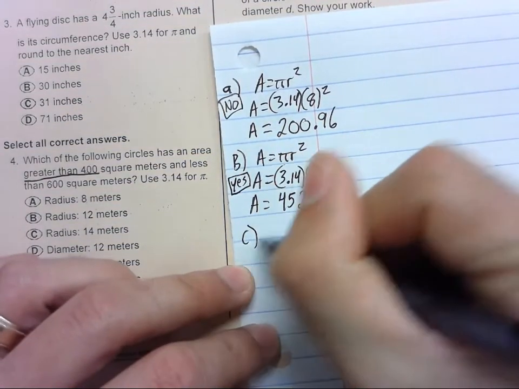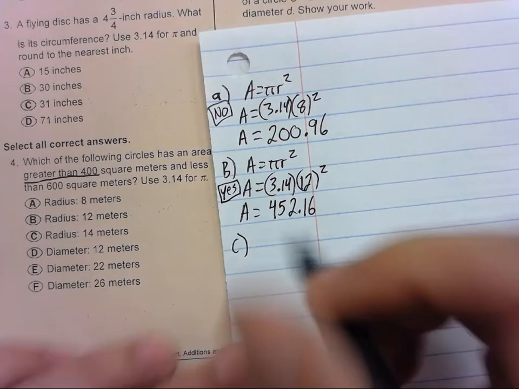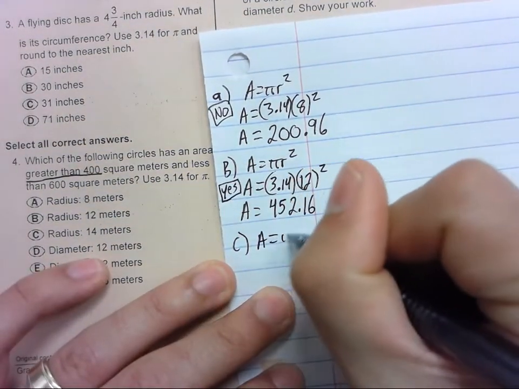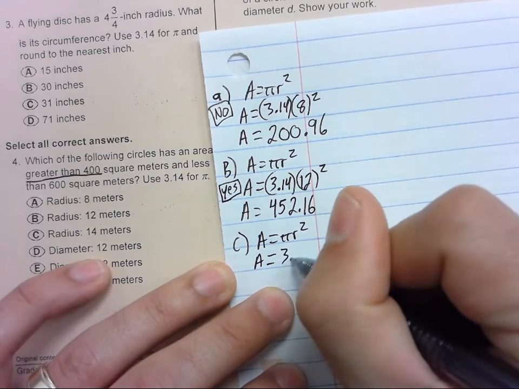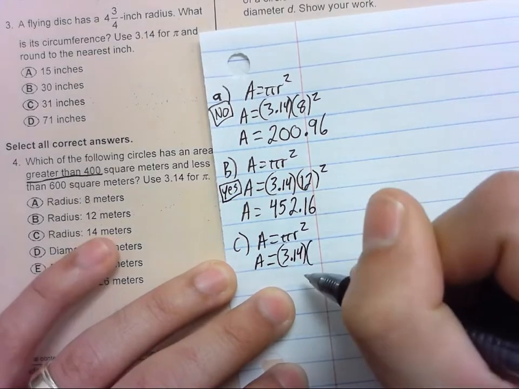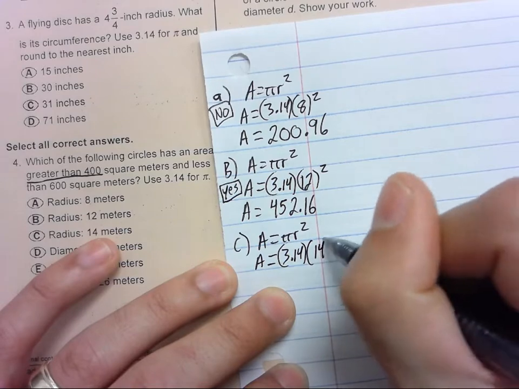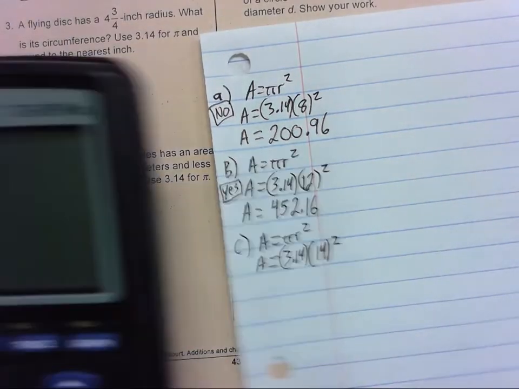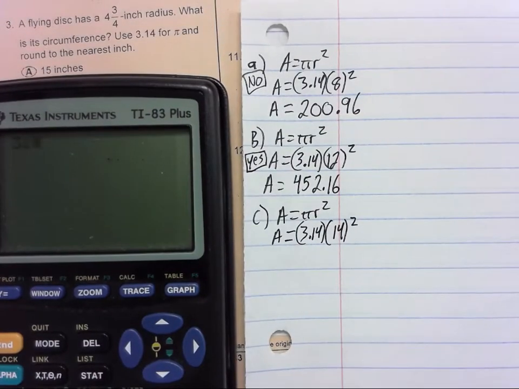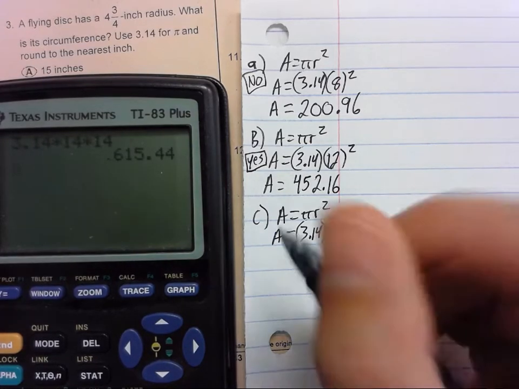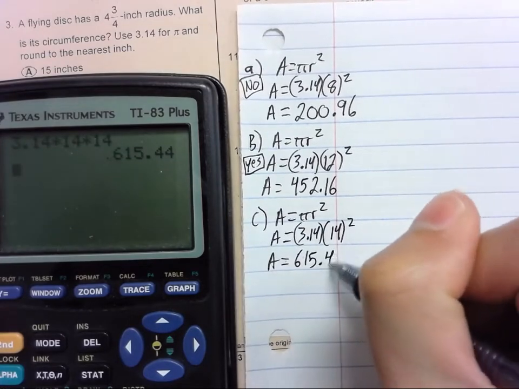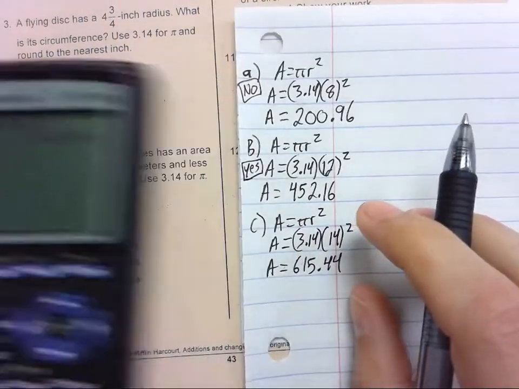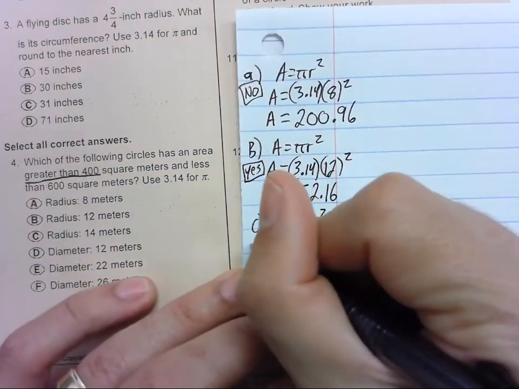So C, and really we don't need to do work here, but we will just to get practice. Pi r squared, so area equals 3.14 times 14 squared. So we will do 3.14 times 14 times 14, and we get area equals 615.44, and that is greater than 400, so yes.